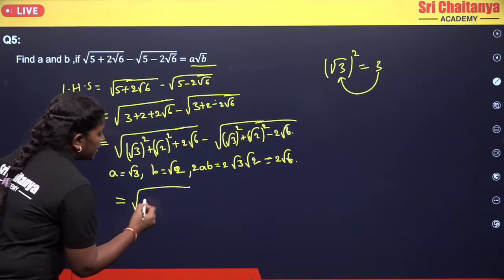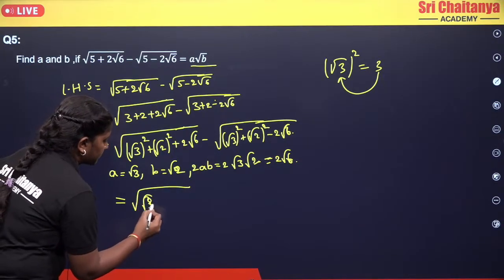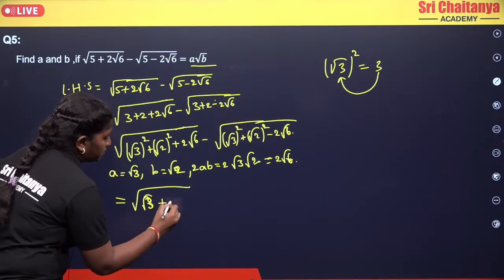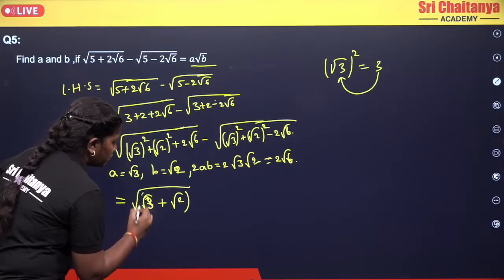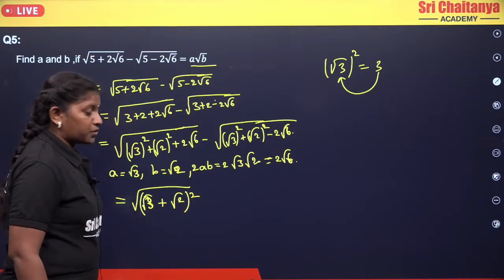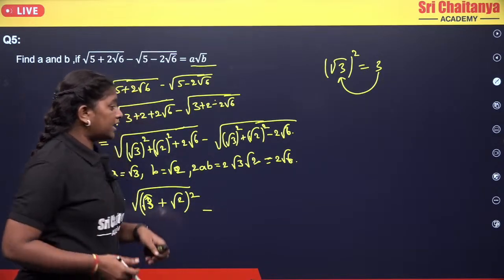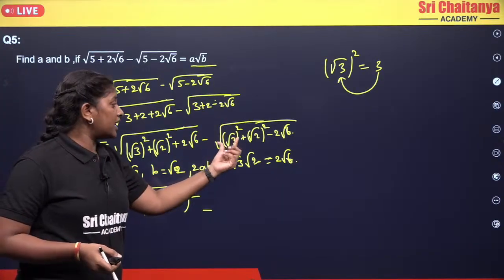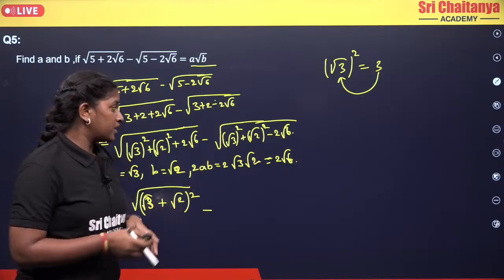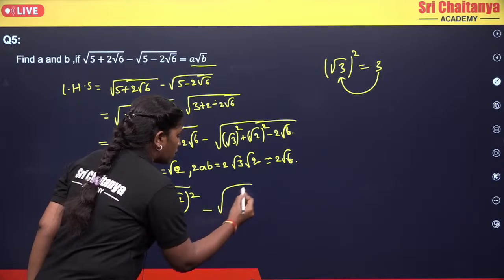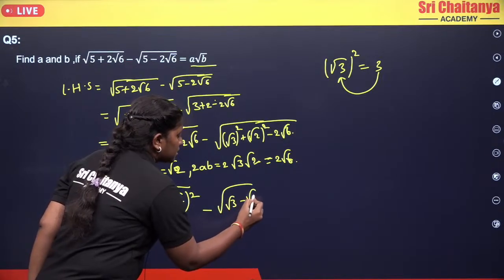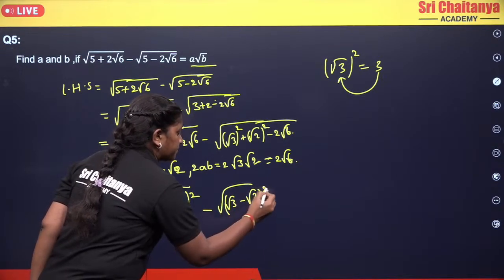So coming to here, it will become root 3, which is nothing but our A value, plus B value is your root 2 whole square. Okay, minus, but if you observe here clearly, we are having A square plus B square minus 2AB. So here it will become your root of root 3 minus root 2 whole square.